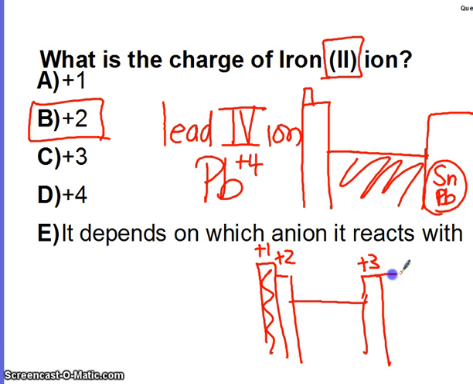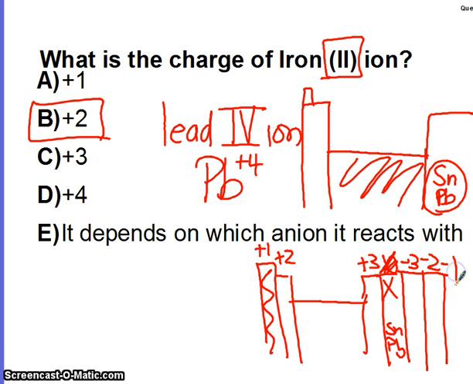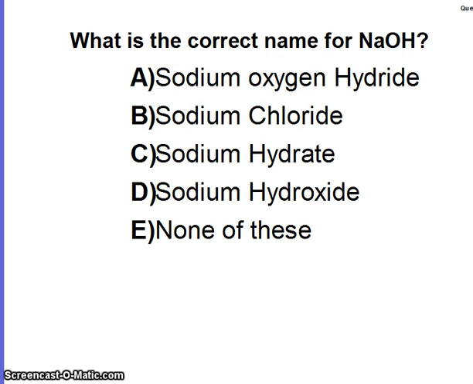These form a +3. I told you these get an X, although there's your tin and your lead. They are those exceptions. Then it was -3, -2, -1. Those are the charges they get because they want to be like a noble gas. So that's why we use those Roman numerals, because these can have +1, +2, or +3, in some cases even more.